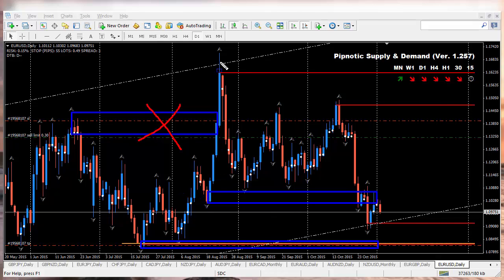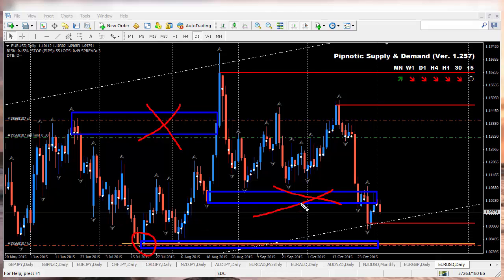And now we have price moved higher. It tested it once, twice, and on a third approach it went through it. And so now this one has been removed. This no longer exists.